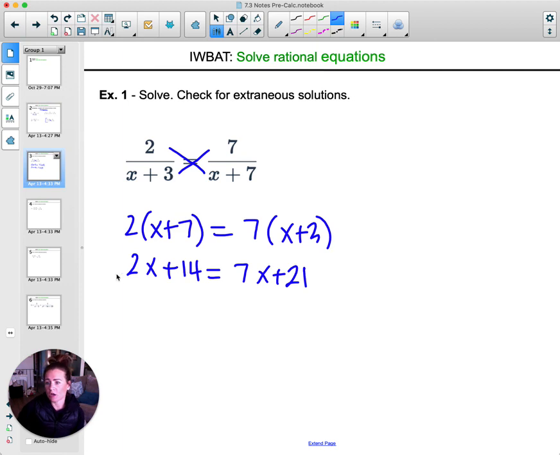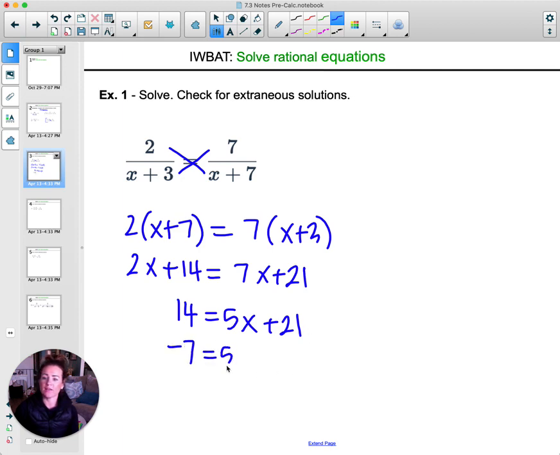Then just solve. We can subtract 2x from both sides to get those together, then subtract 21 from both sides to get -7 equals 5x. Divide by 5, so you get -7/5 as your answer.